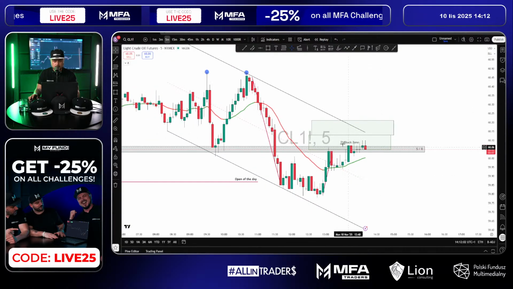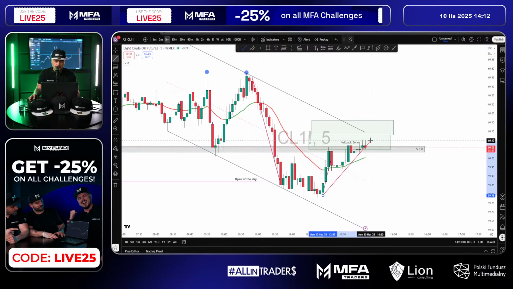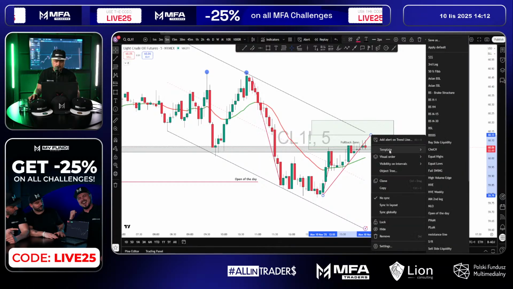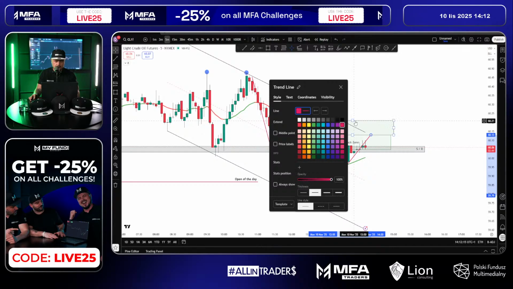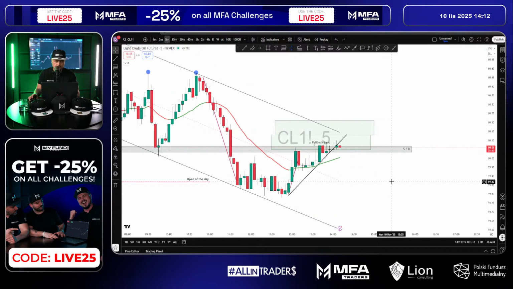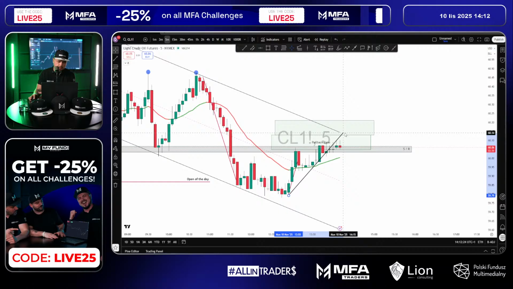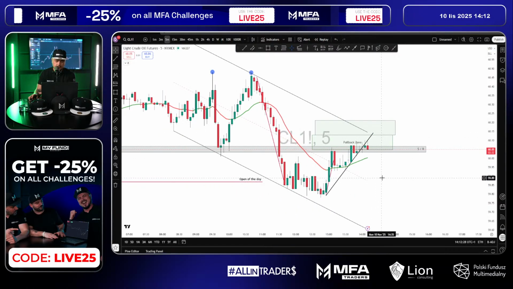So what we need to look for is, I'm gonna add resistance line. It's not the best, I would say. It could be better, but it is what it is at this moment.